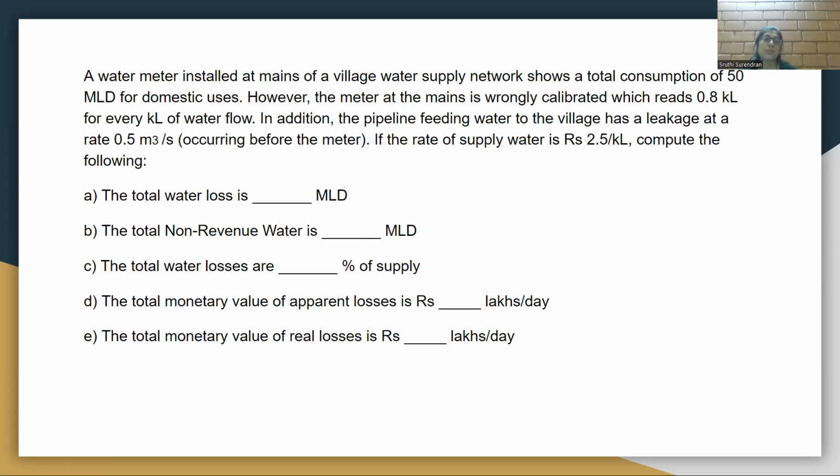So total non-revenue water will be equal to the sum of the real losses and the apparent losses, so that doesn't need any extra computation. Whatever total water loss you're getting will be the answer for the B part of the question also. Now moving on to the percentage of water losses.